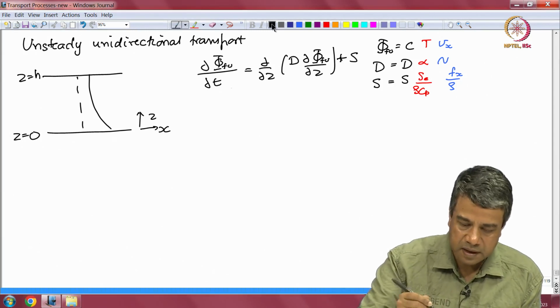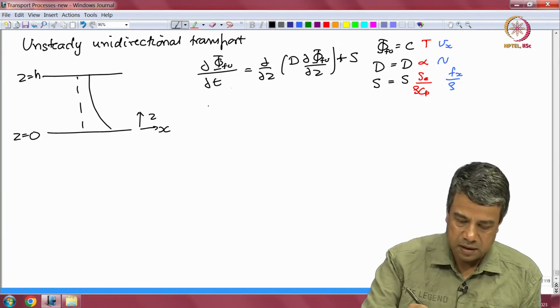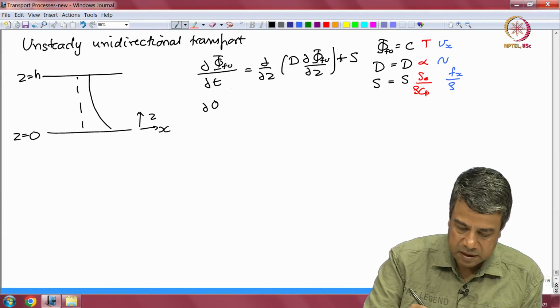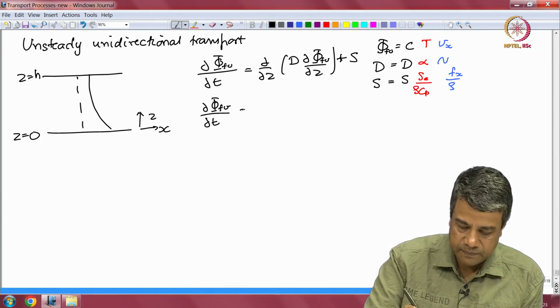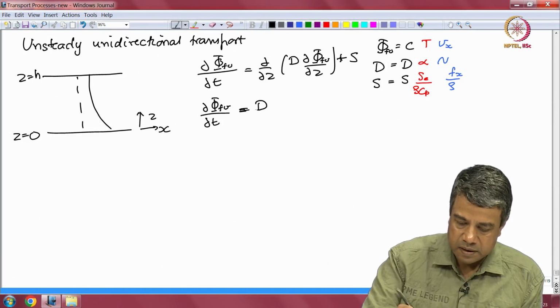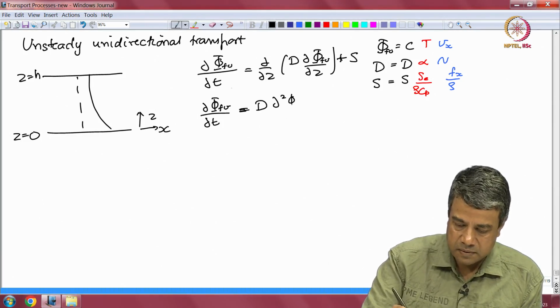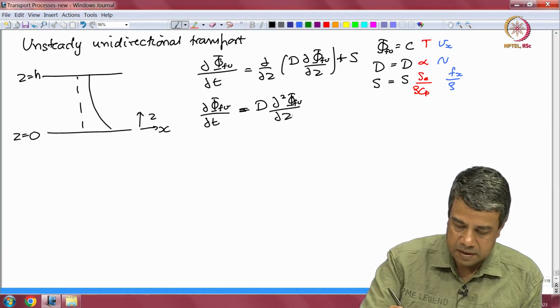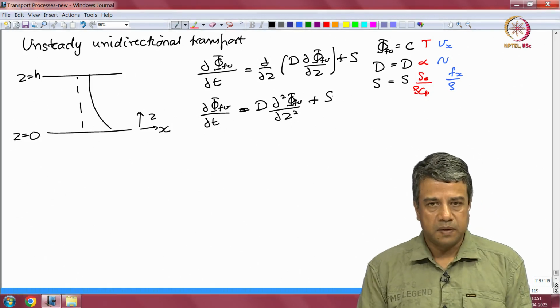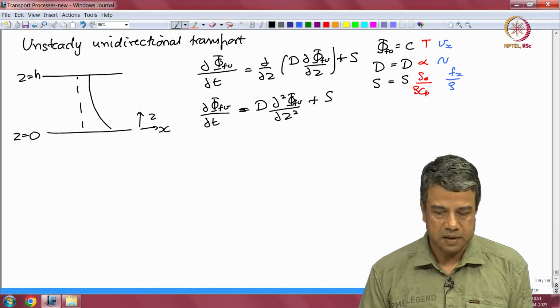For the particular case where the diffusivities are constants, the equation is d square phi field variable by dz square plus s. Derivatives, note, are partial derivatives.